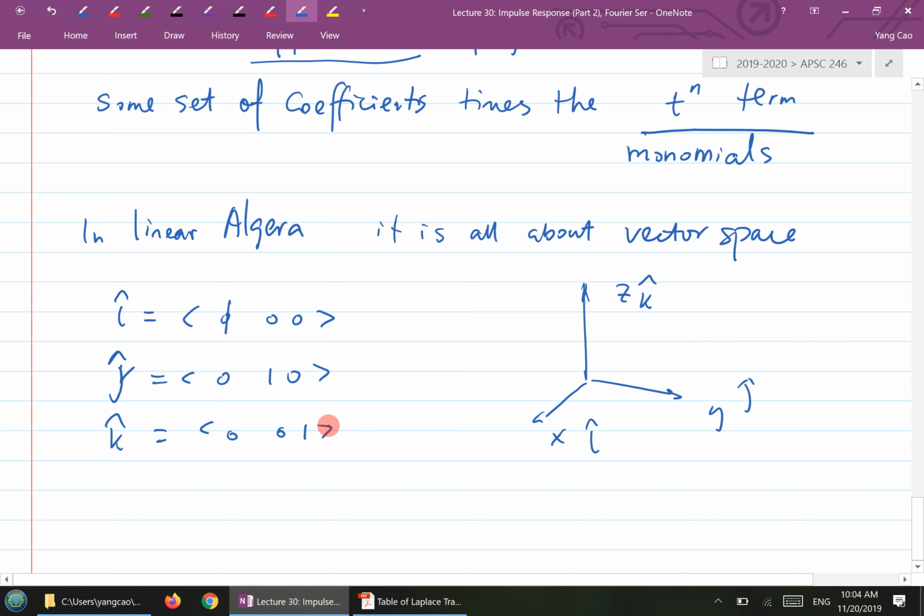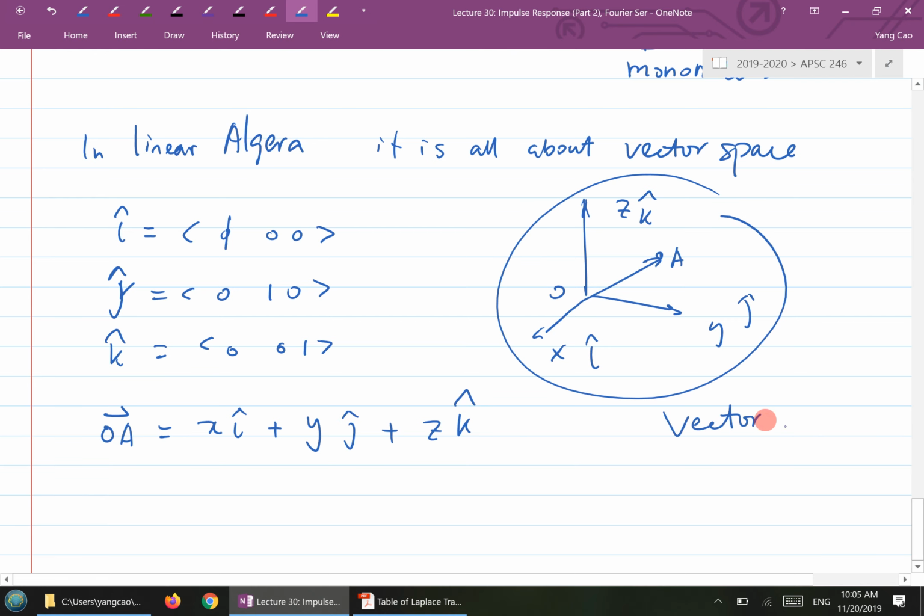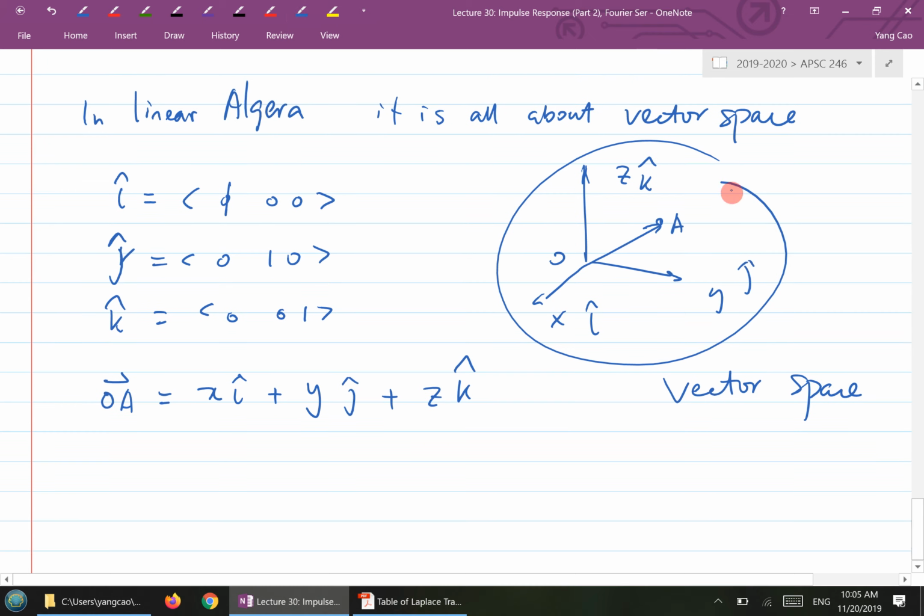So now, if I ask you, can you express this vector OA? The vector OA equals x times i hat plus y times j hat, and then z times k hat. Does that make sense? So basically, this is a vector space. Then what are i hat, j hat, k hat?